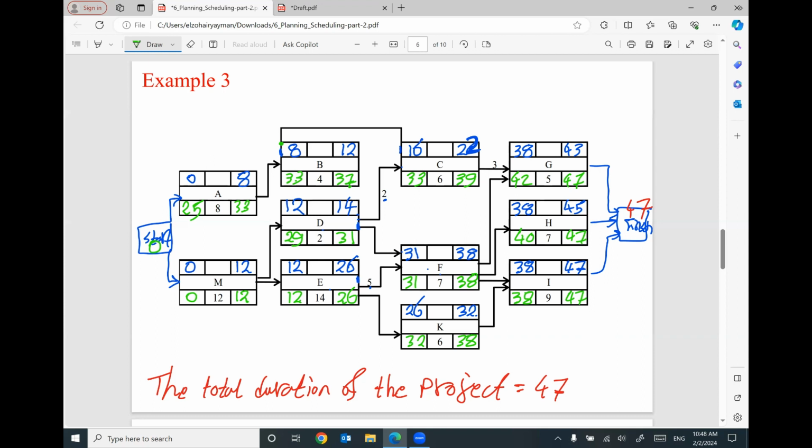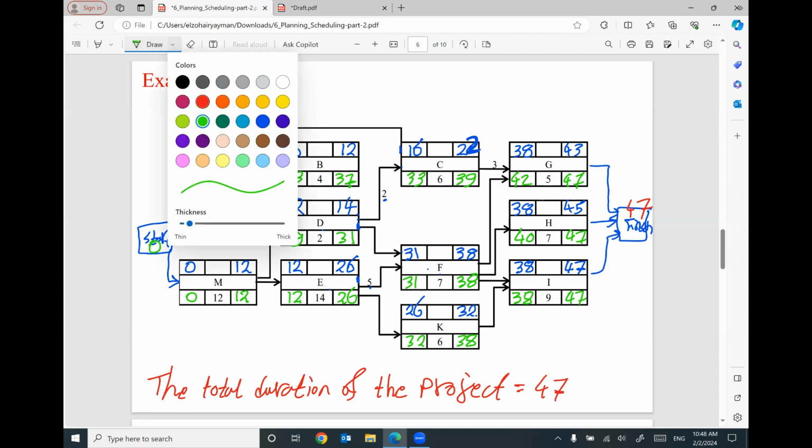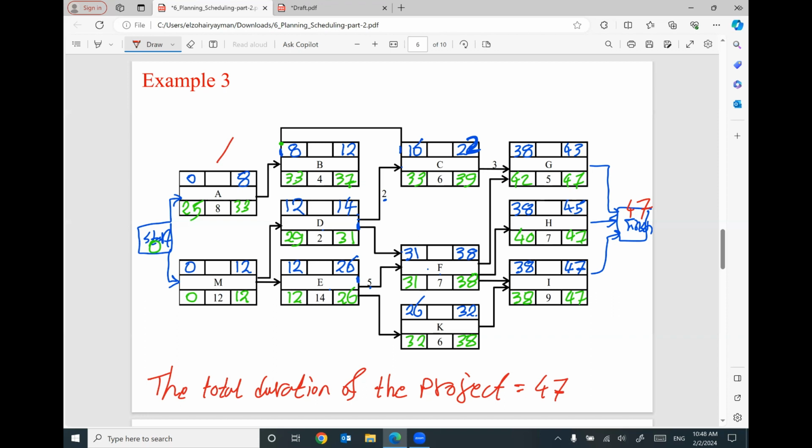So now I figured out the late start and late finish for each activity. So I can figure out the total float for each activity to figure out the critical activities. So this one will have 25 total float. This one will be 0. This one will be 0. This one will be, I think, 17.